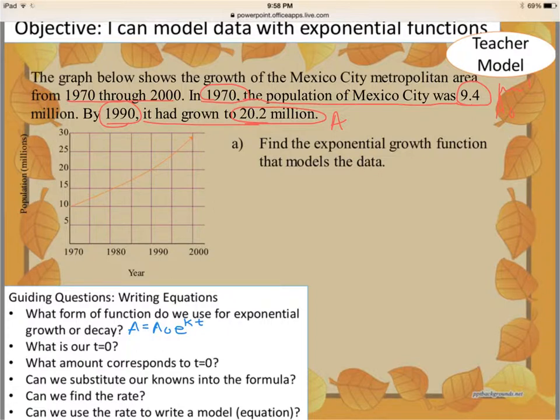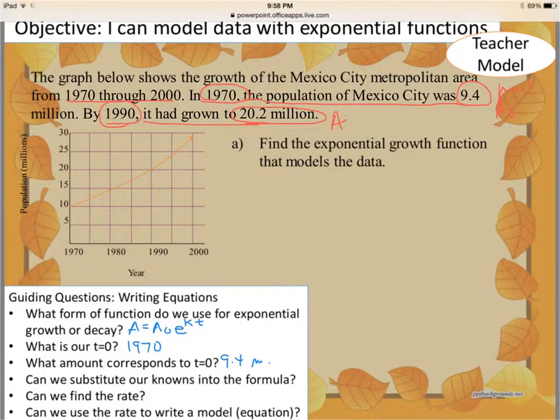Now we want to take our numbers and think about plugging them in. So our T0 is 1970, and the amount that corresponds to T0 is 9.4 million. And can we substitute our knowns into the formula? Yeah, we can. We have 4 knowns, and we can go ahead and plug those in.